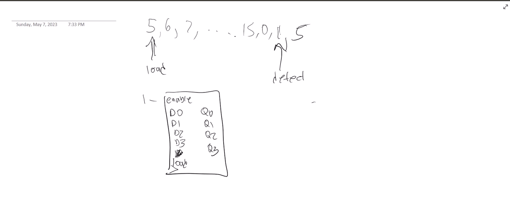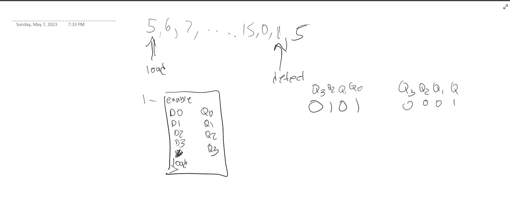Okay, so 5 looks like this. And 1 looks like this. So we're going to have to be careful here.